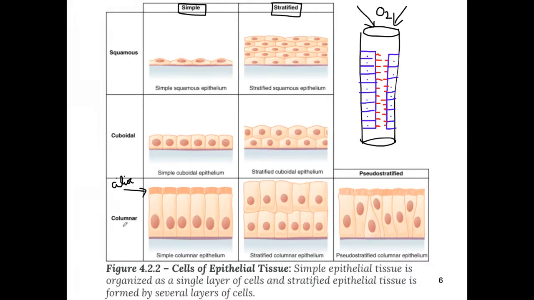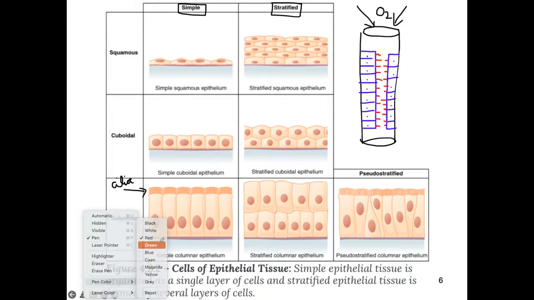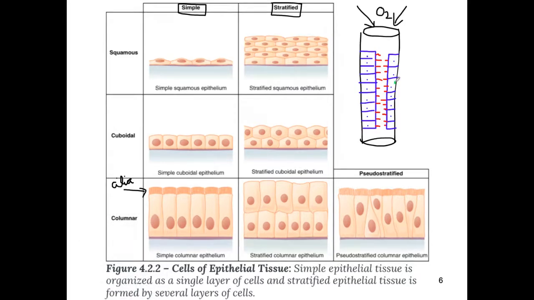And one of the other cells that's kind of neat that we're going to find here, let's make this green. We're going to call these hidden cells here goblet cells. Green for goblet. And these goblet cells have a very important function.